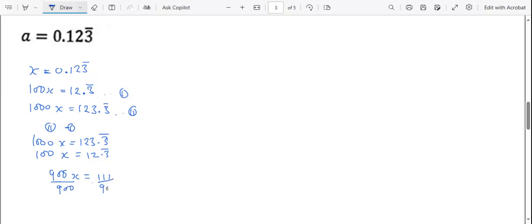So x is equal to 111 over 900. This is in the form of a over b, and this b is not equal to 0.